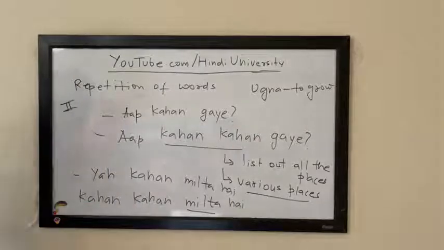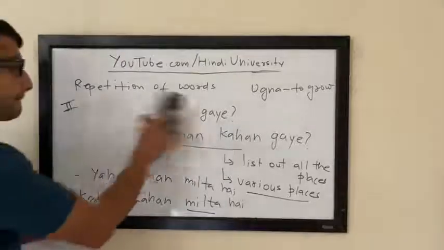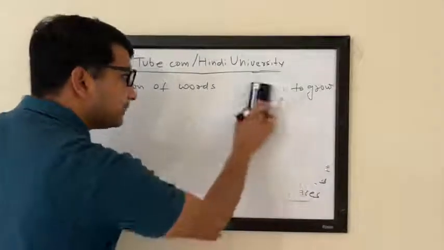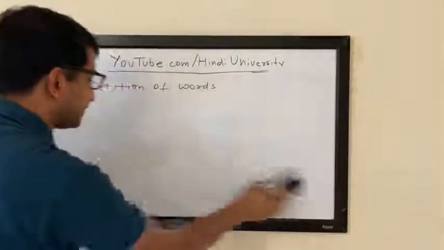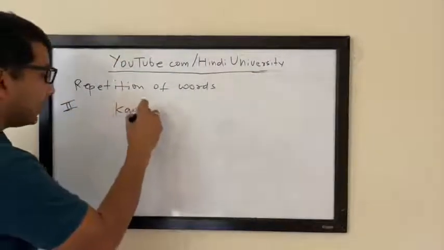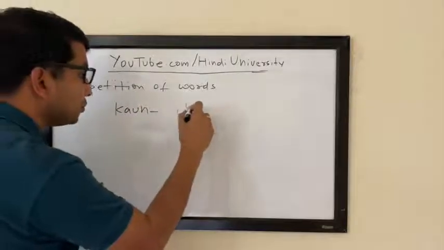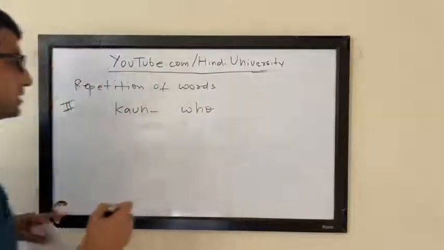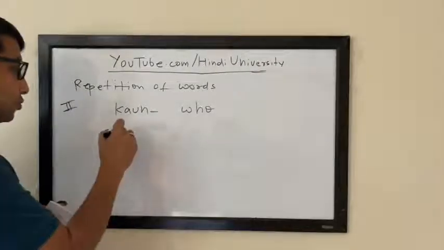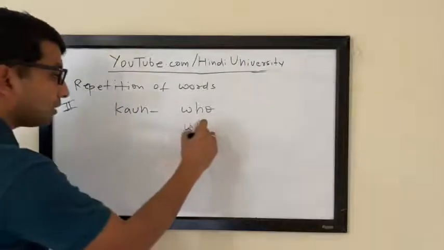Similarly, "kaun," as you know, the interrogative is who. "Wahan kaun hai?" Versus "kaun kaun," who all.